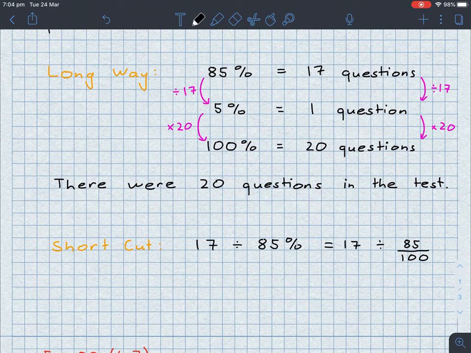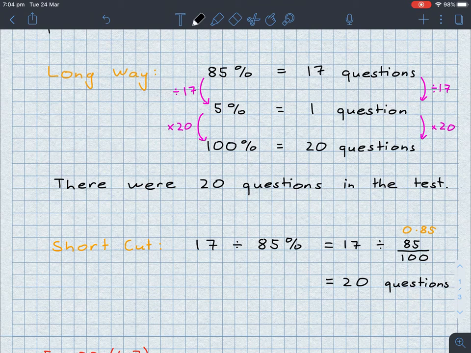Or you might prefer to write it as 0.85. You might prefer to write it as a decimal. And when you type that into your calculator, it straight away tells you 20. So we see again that there were 20 questions on the test, but with much less working.